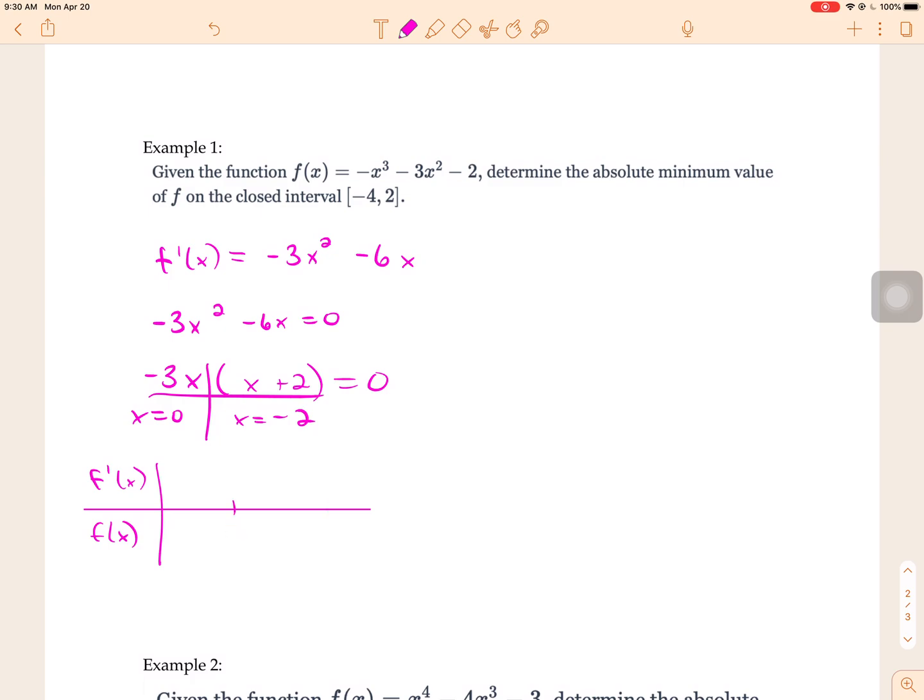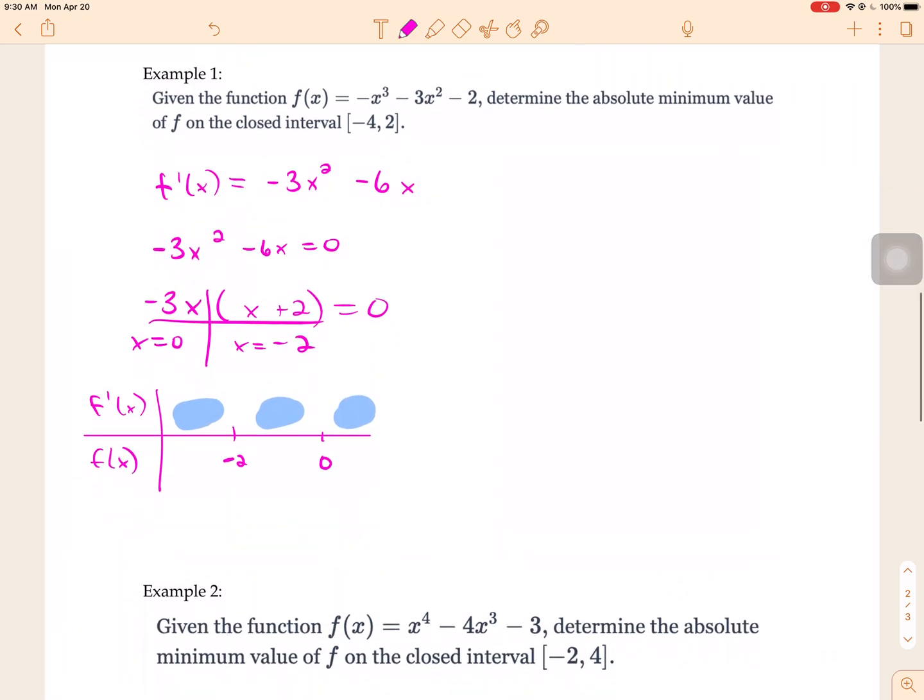Oh, sorry. -2 is less than 0. And remember, how many spots are we going to check here? We're going to check 1, 2, 3. So let's substitute in 3 different values. 1 to the left of -2, 1 in between -2 and 0, and 1 to the right of 0.